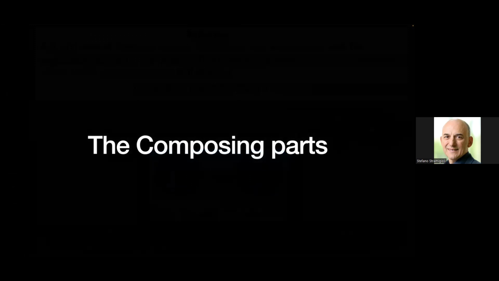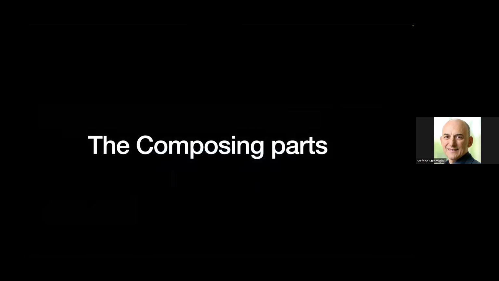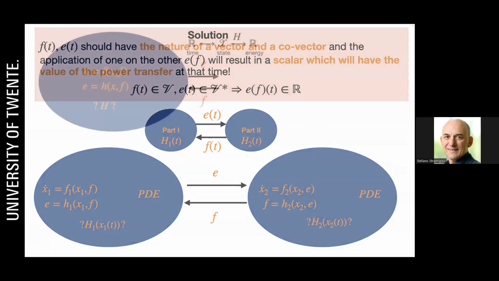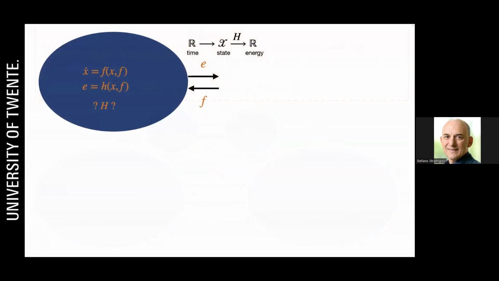So this is about how you interconnect things, but how do you describe these things? Well, you can use ODEs or you can use PDEs, but I will only consider ODEs. So this is the mapping you have. Energy is not a function of time. No, it's a function of the state of a system.